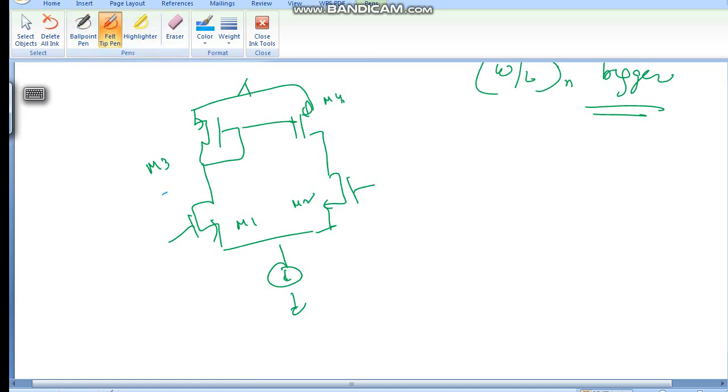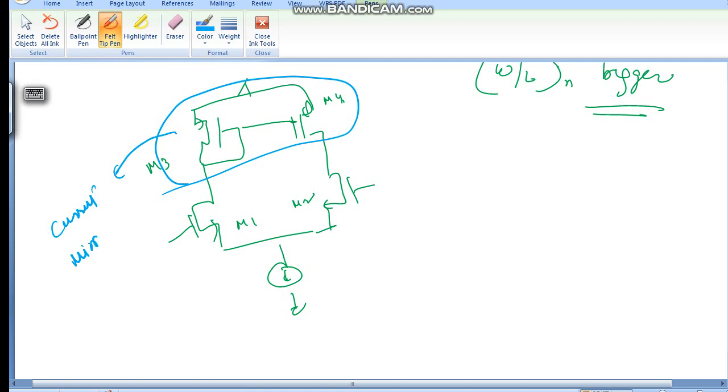Now if you see this region, this is the current mirror. For the current mirror we have seen current mirrors.